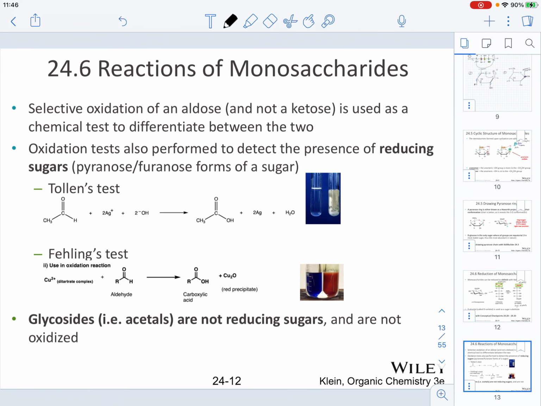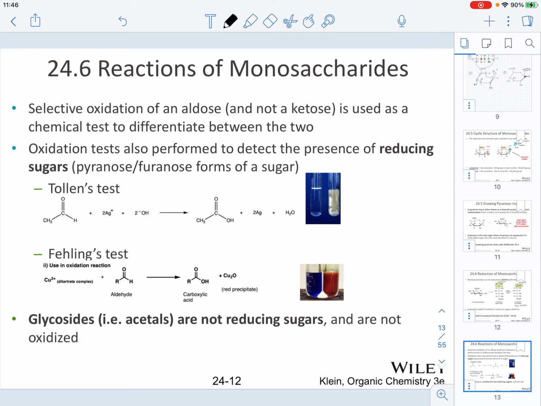Selective oxidation can also occur for an aldose, specifically not a ketone. And so we can utilize different chemical tests to differentiate between aldoses and ketoses. Among the chemical tests that can happen, the most common ones are the Tollens test and the Fehling's test.